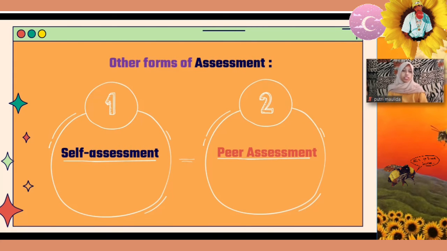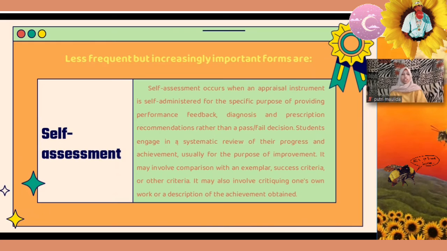Other forms of assessment are self-assessment and peer assessment. Let's see. Self-assessment occurs when an appraisal instrument is self-administered for the specific purpose of providing performance feedback. So, self-assessment is used for ourselves.